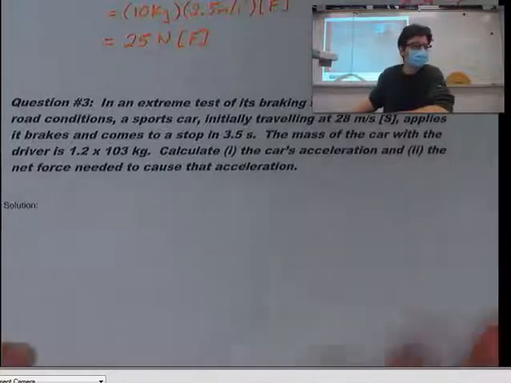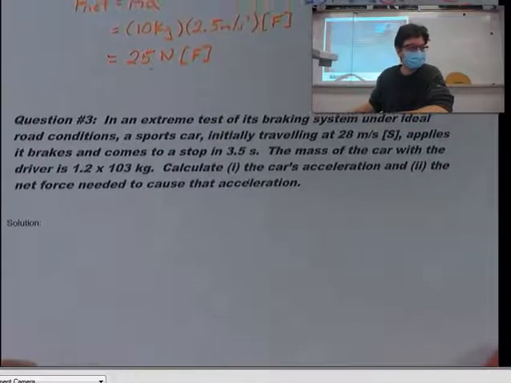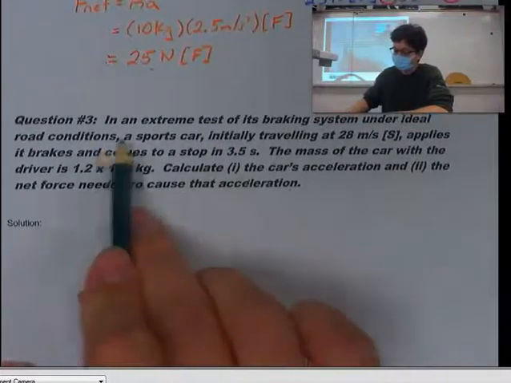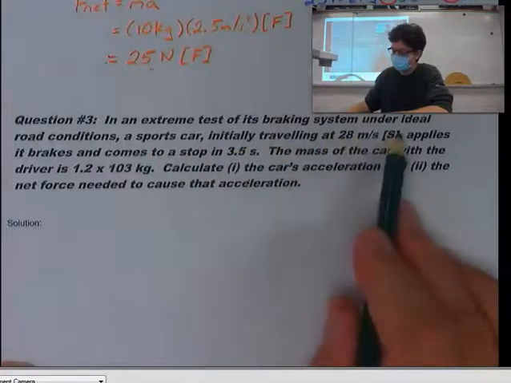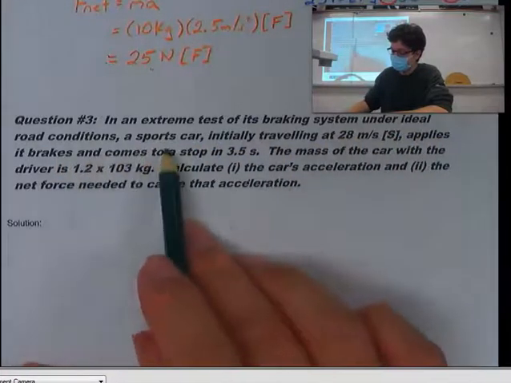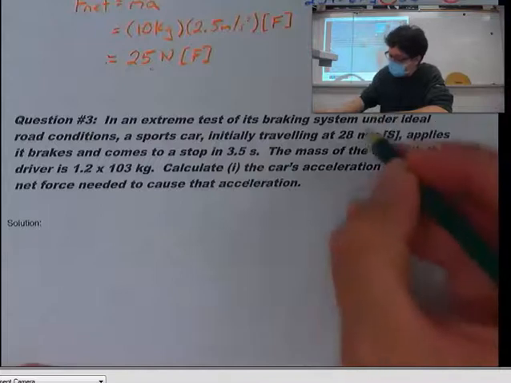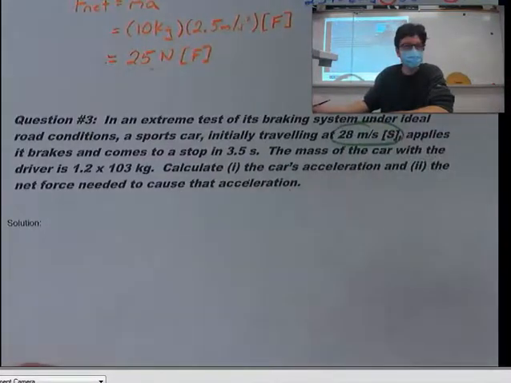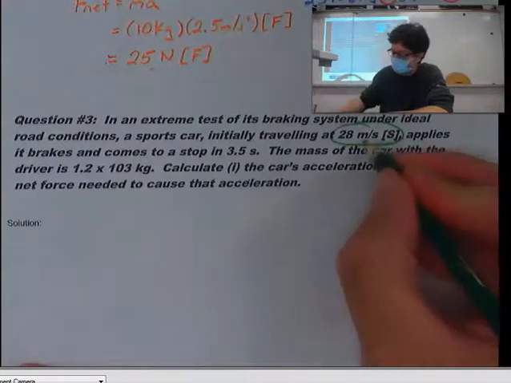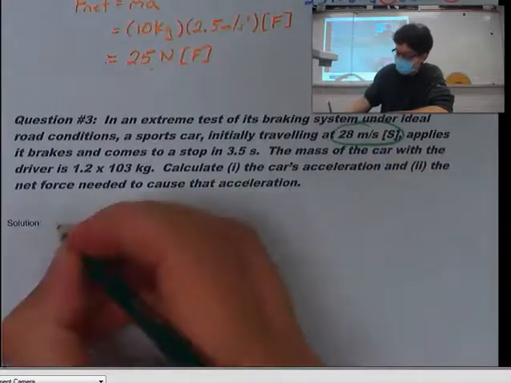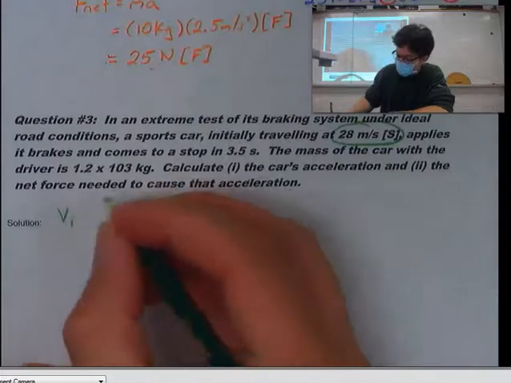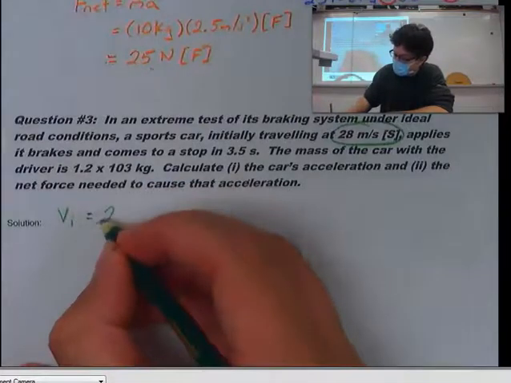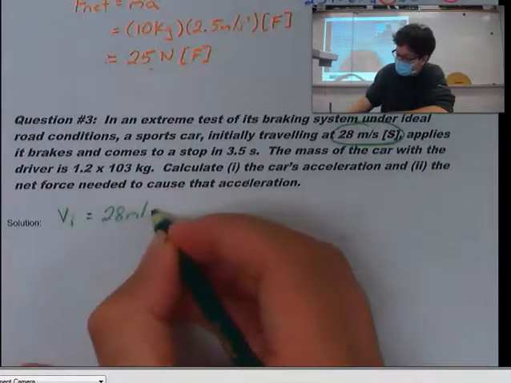So this example again is giving us a bit different information. So it says, in an extreme test of its braking system, under ideal road conditions, a sports car initially traveling at 28 meters per second south. So initially traveling, and that meters per second is a velocity. So it's telling us initial velocity, 28 meters per second south.